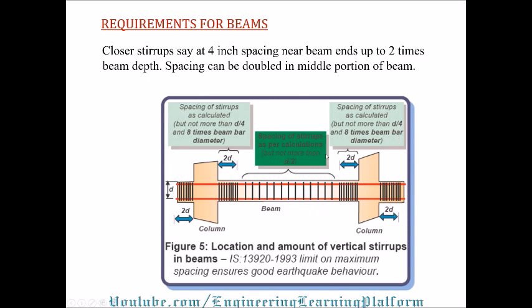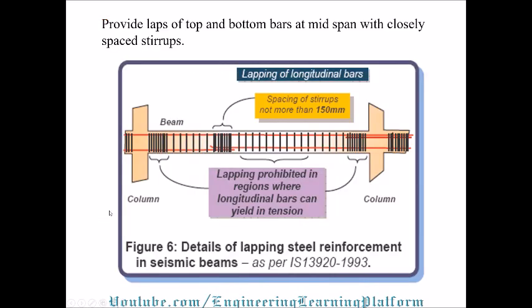This is a specific seismic requirement, and the location and amount of vertical stirrups in the beam identify the ductility of the beam and its behavior in an earthquake. We have to provide laps of the top and bottom bars at mid-span with closely spaced stirrups.